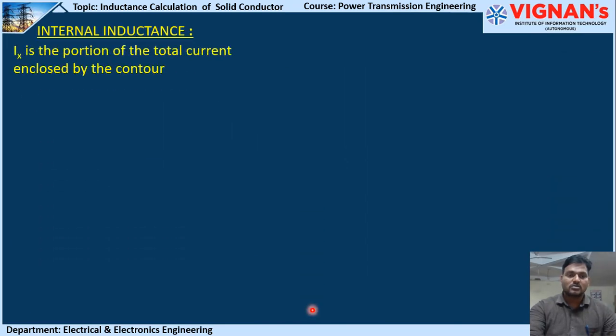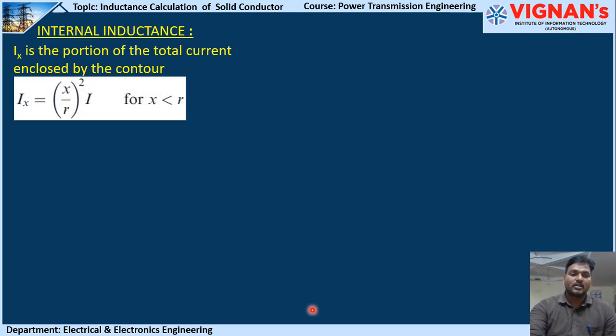Now Ix is the portion of the total current that is enclosed by the contour. So you can take Ix is equal to x by r whole square into I, because the current density is constant.